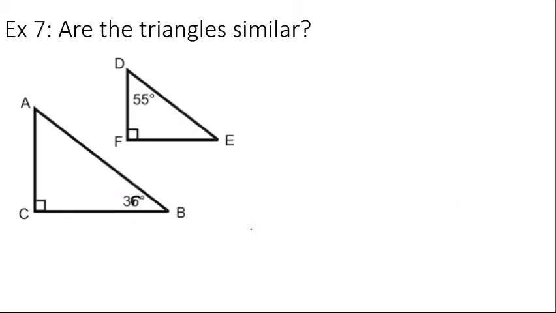Okay, example 7, asking us, are the triangles similar right here? Okay, so we look at what they give us first: this angle is the same, they're congruent. So remember these two, they're congruent. So they have one angle. All right, now we look for a third angle. So what I do here is to find this angle here, I just take 90 plus 55.